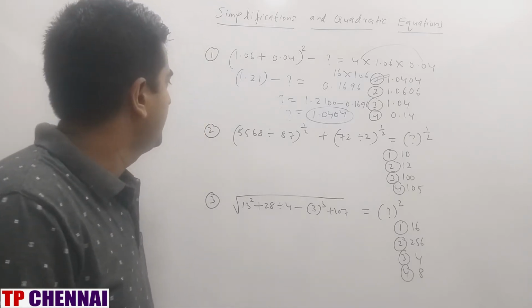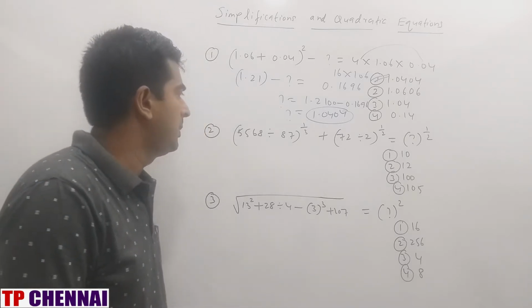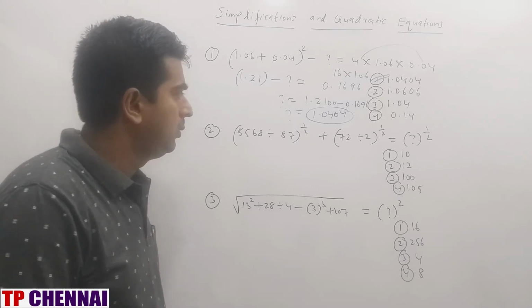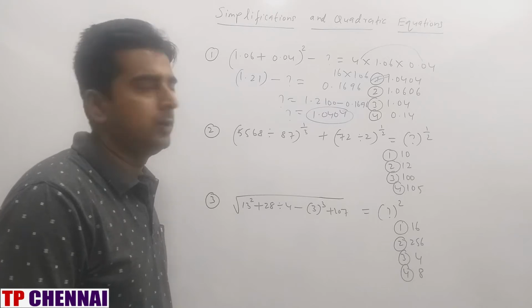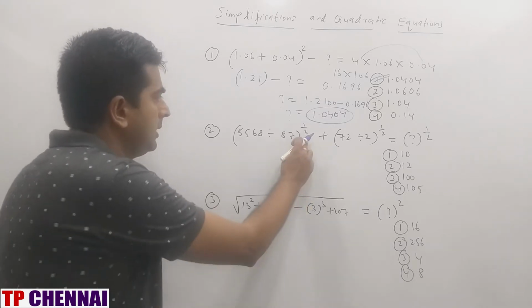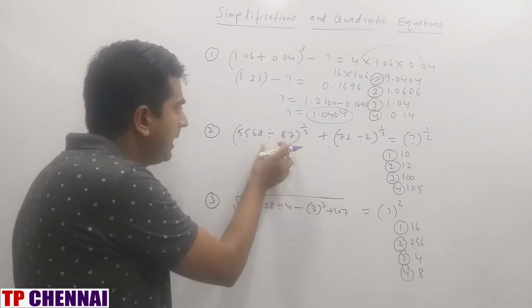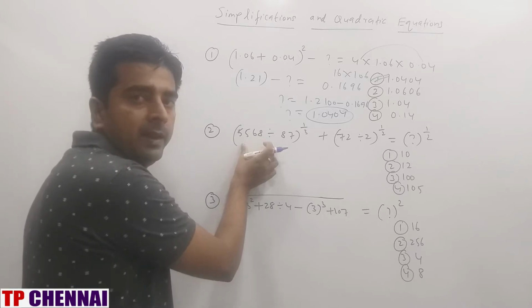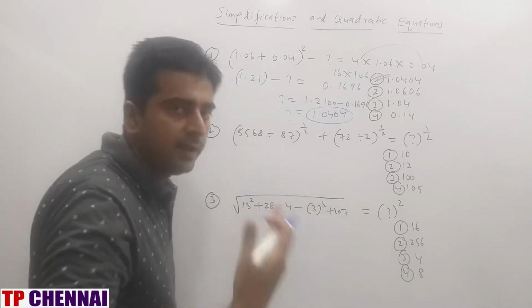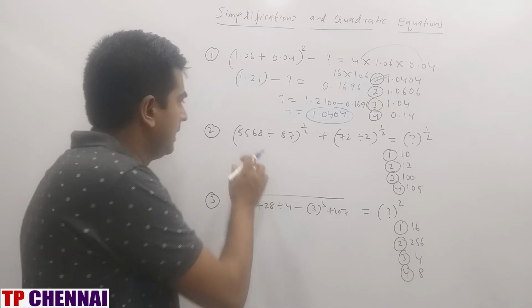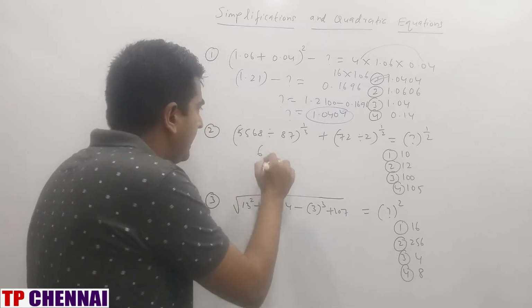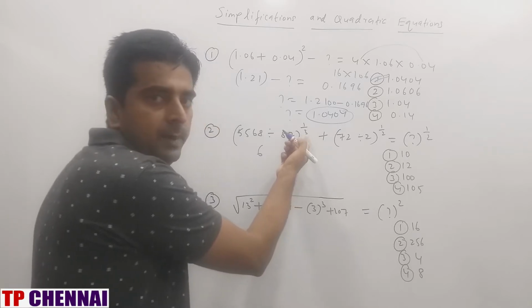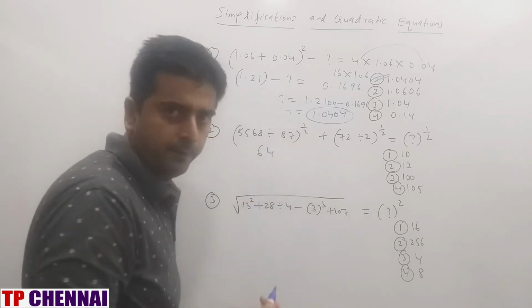Second one, (5568 divided by 87) whole power 1 by 3 plus (72 divided by 2) whole power 1 by 2 is equal to question mark whole power 1 by 2, right? So here cube root is there, that means if you divide this number 5568 divided by 87, 87 into 7 times is 8 7 is 56, but here 55 is there, that means it will start with 6, and again we have to divide, so cube root will be there, so of course this number will be 4, right?